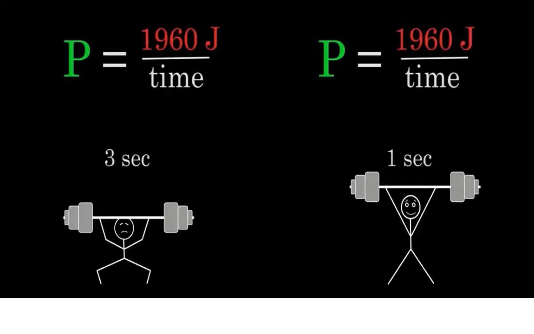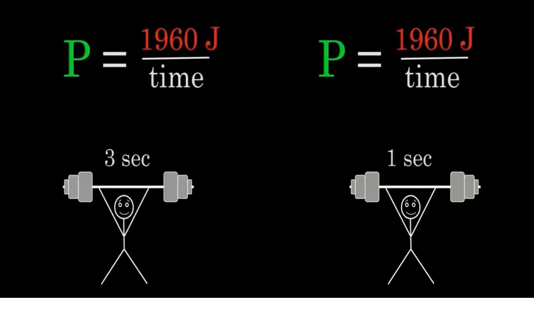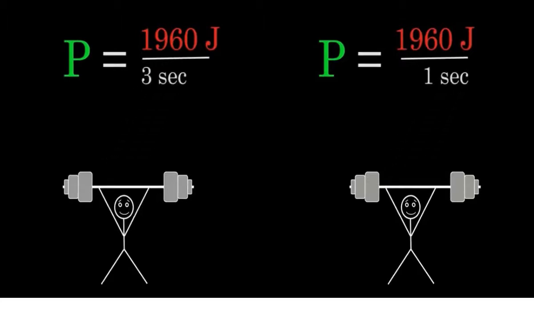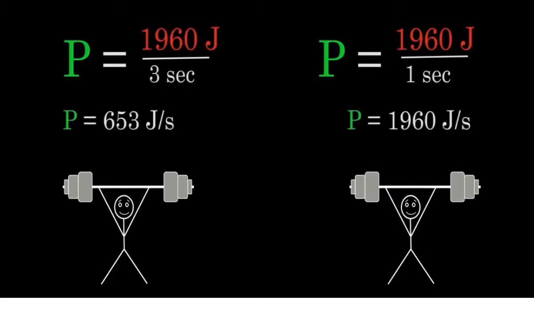From the video we can see the first weightlifter takes 3 seconds to lift his weight, and the second weightlifter takes 1 second. If we put the value of time in the equation of power, then we get the power of the first weightlifter as 653 joule per second, and the power of the second weightlifter is 1960 joule per second.